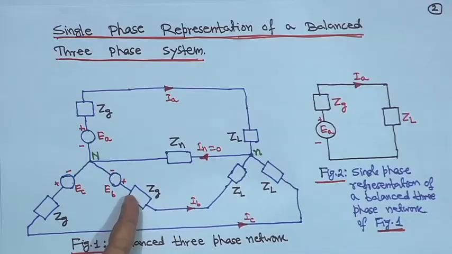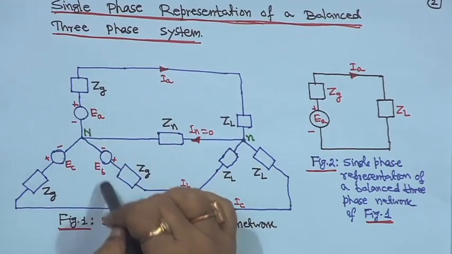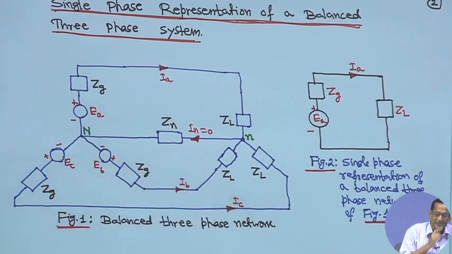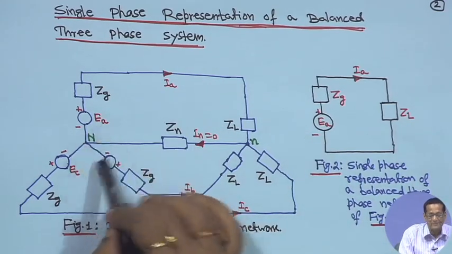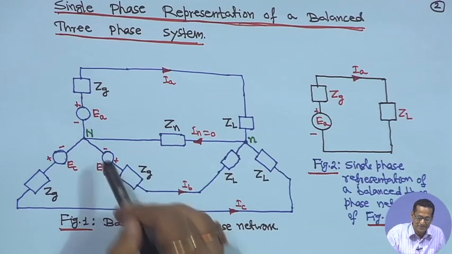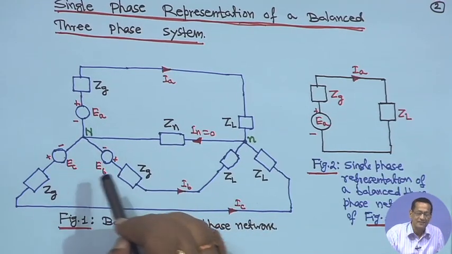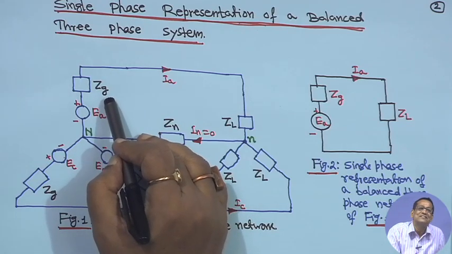Single phase representation of a balanced 3 phase system. Suppose this was a 3 phase supply system, a simple thing. This is, say, your synchronous generator. This is phase A, this is phase B and this is phase C voltages, and the impedance ZG stands for the impedance of the synchronous generator.